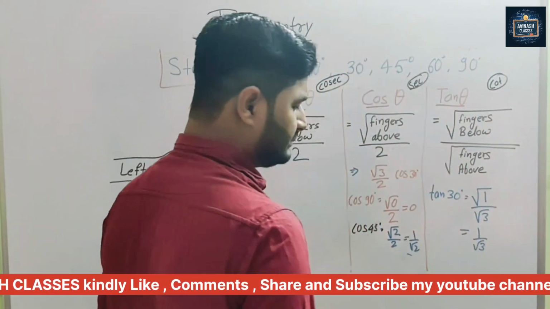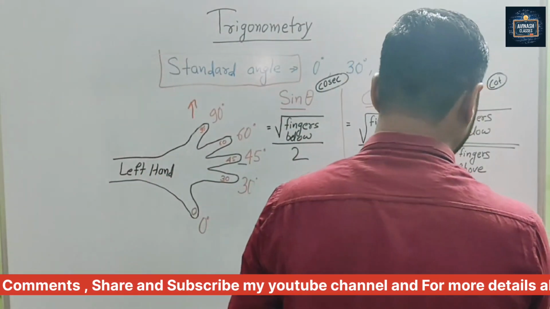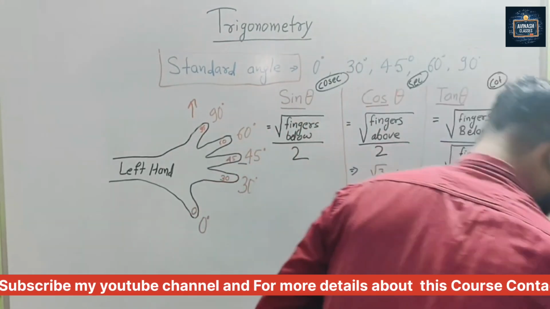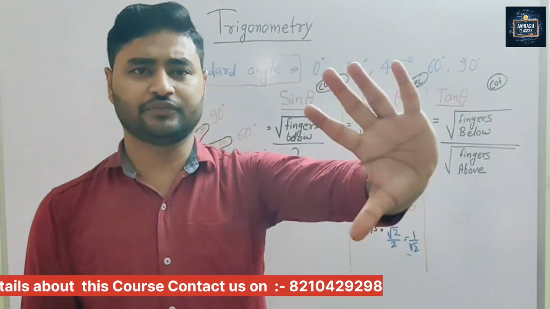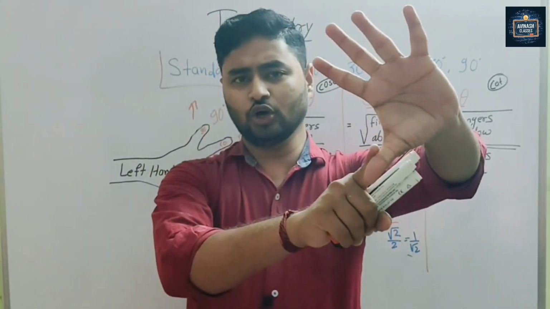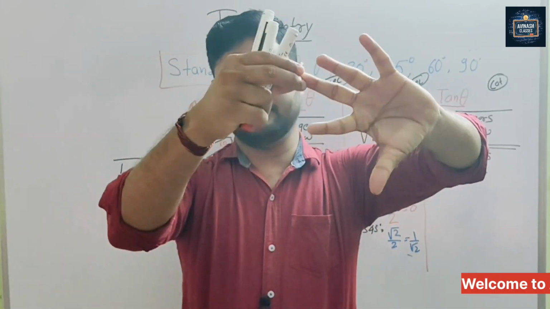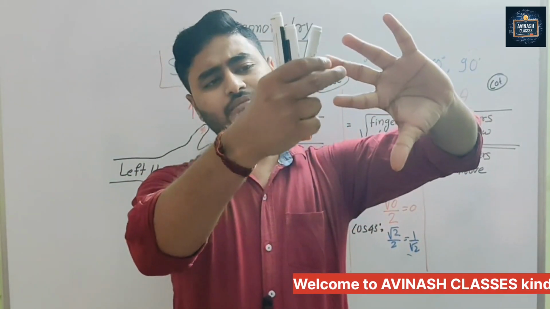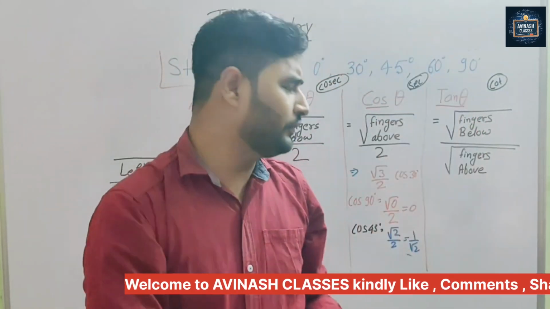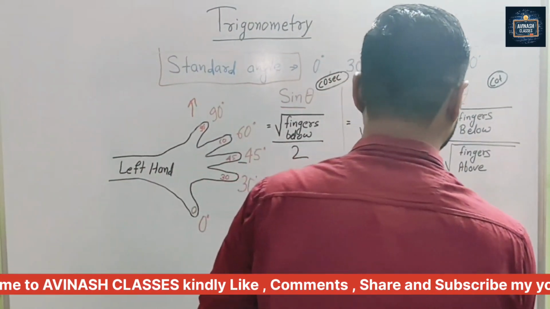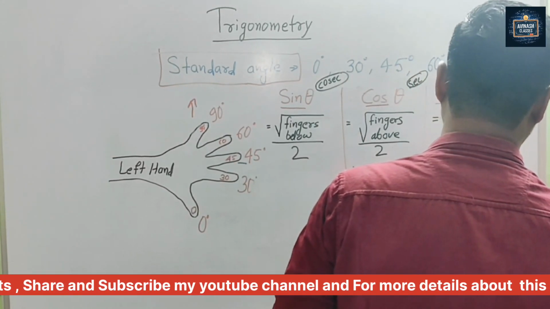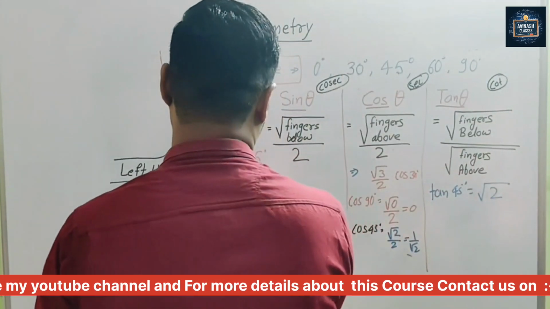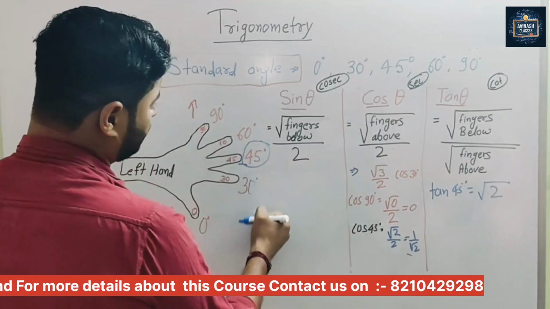Understand? We can take any other example to understand better. Suppose that we have to take the tan 45 degree. So 0, 30, 45. Below that how many fingers? Below that 2 fingers.